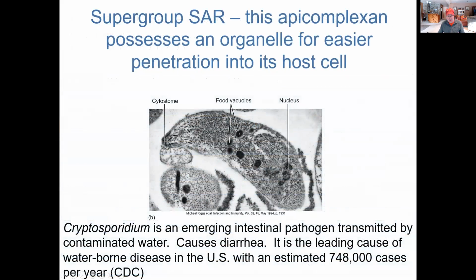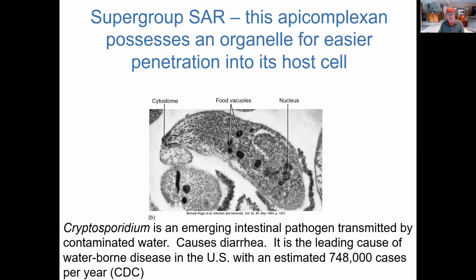And we'll start off with the SAR supergroup. And within this group is a subset of what are called the epicomplexans. Epicomplexans. And what these epicomplexans all share is a unique structure called an apical complex, which is used to penetrate into the host cell.